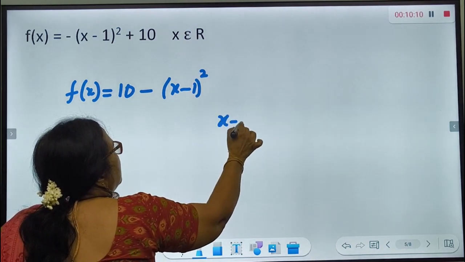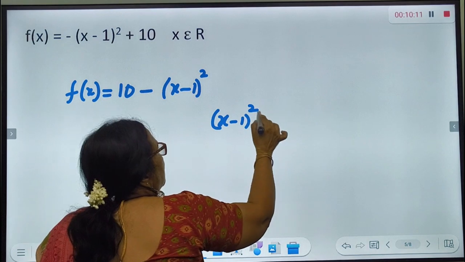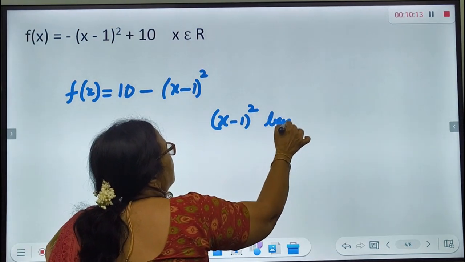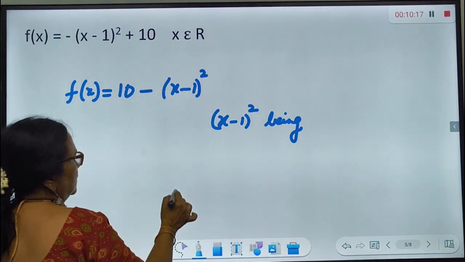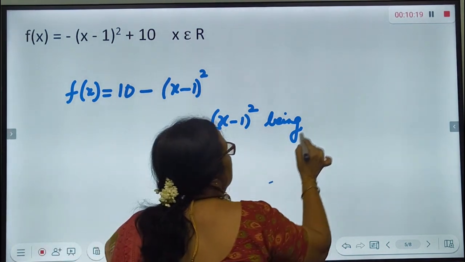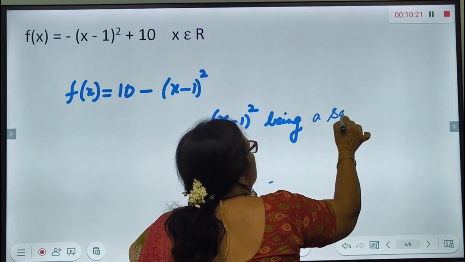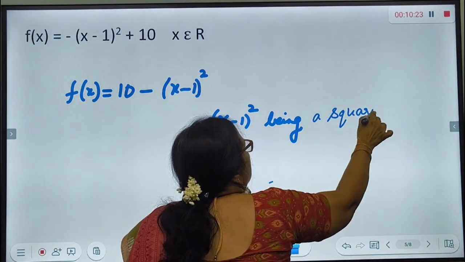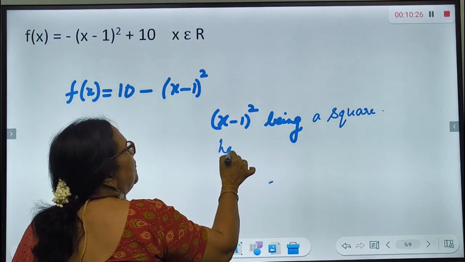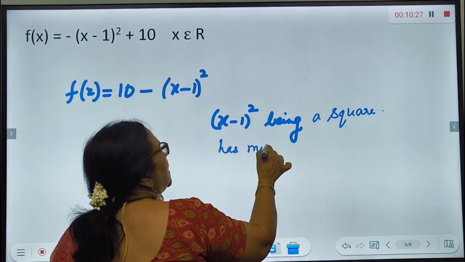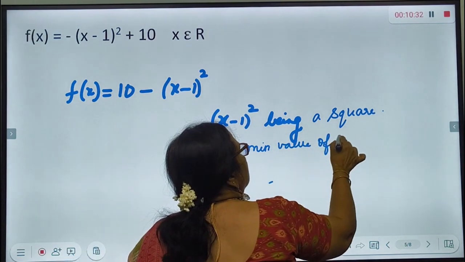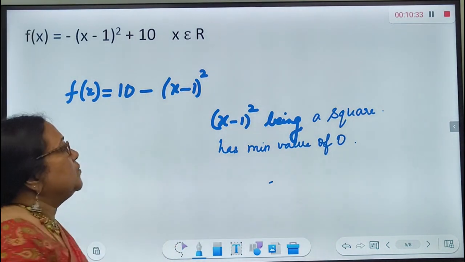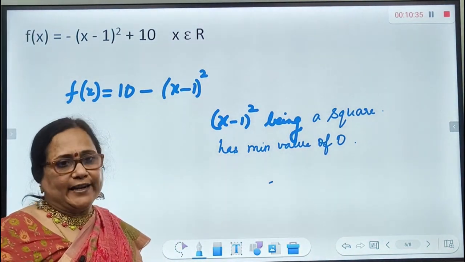You know that x minus 1 the whole square, being a square, has minimum value of 0. So x minus 1 the whole square can never be negative.